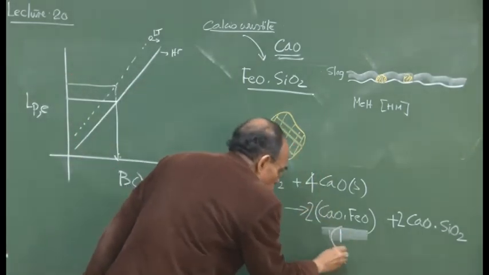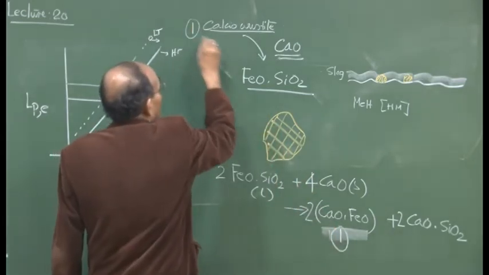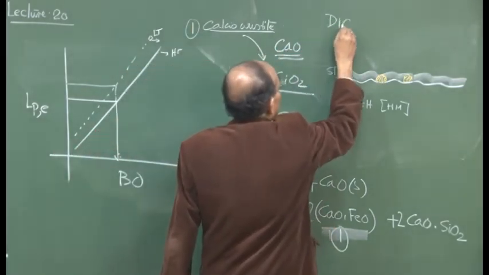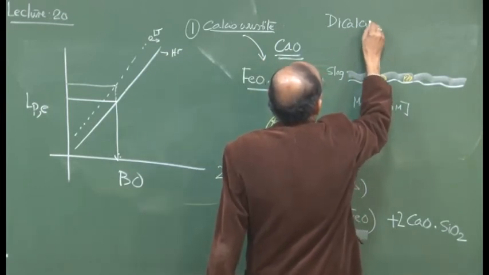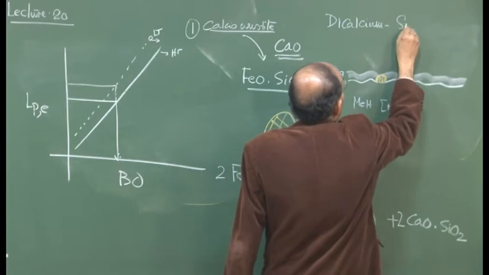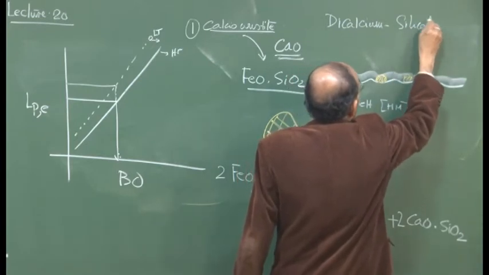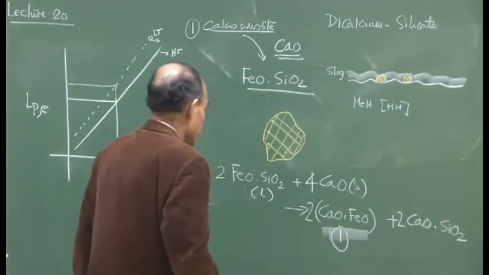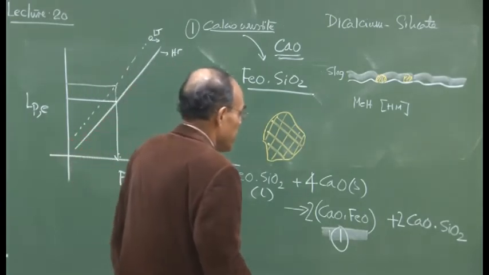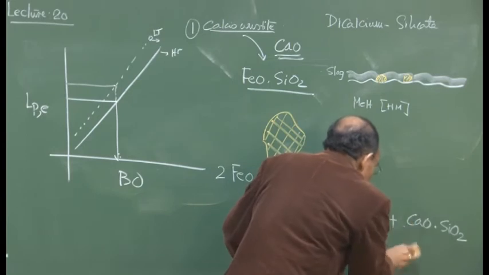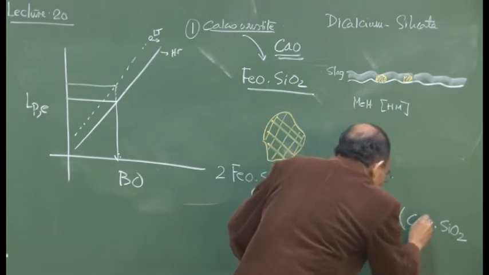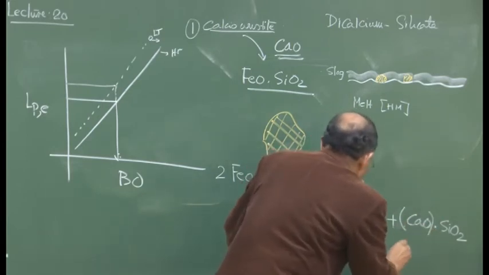I think I should write it like Ca2, 2 calcium oxide.